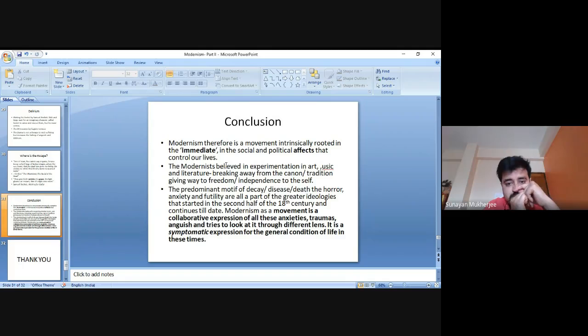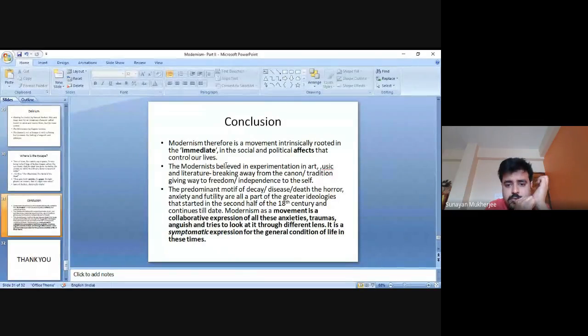The modernists believed in experimentation in art, using music and literature, breaking away from the canon or tradition, giving freedom and independence to the self. So modernism in one word is a movement about experimentation in art, music, literature, breaking away from the canon, the tradition.